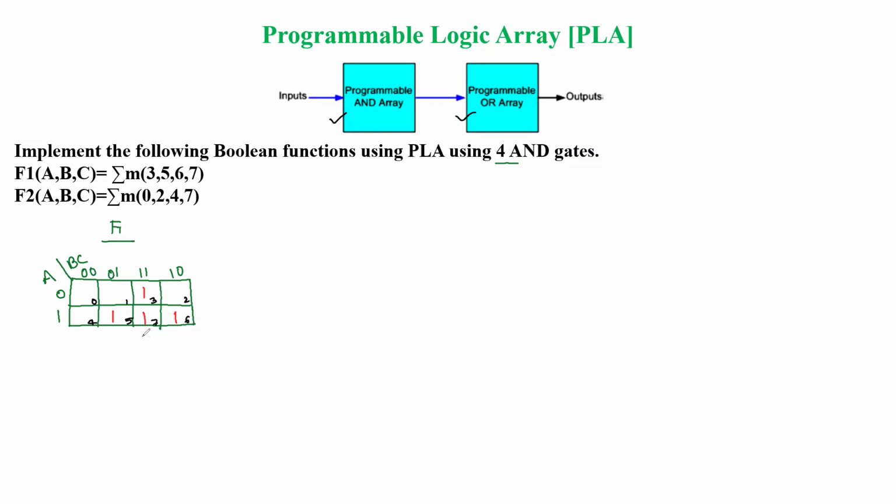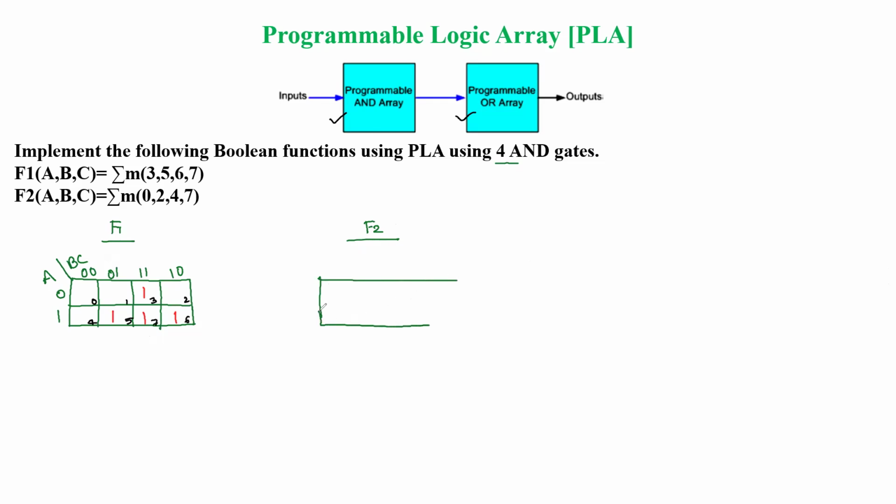Before doing this combination, we can have the representation of the min terms of F2 also, since they're asking that we require only 4 product terms. So we can have a clear view, otherwise for F1 and F2 we have to do it separately again.